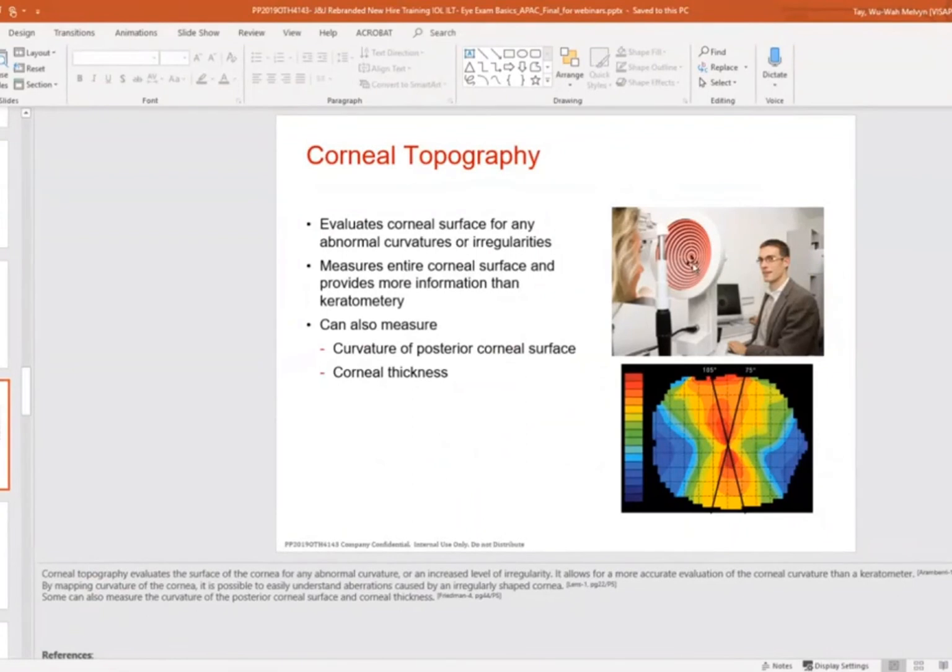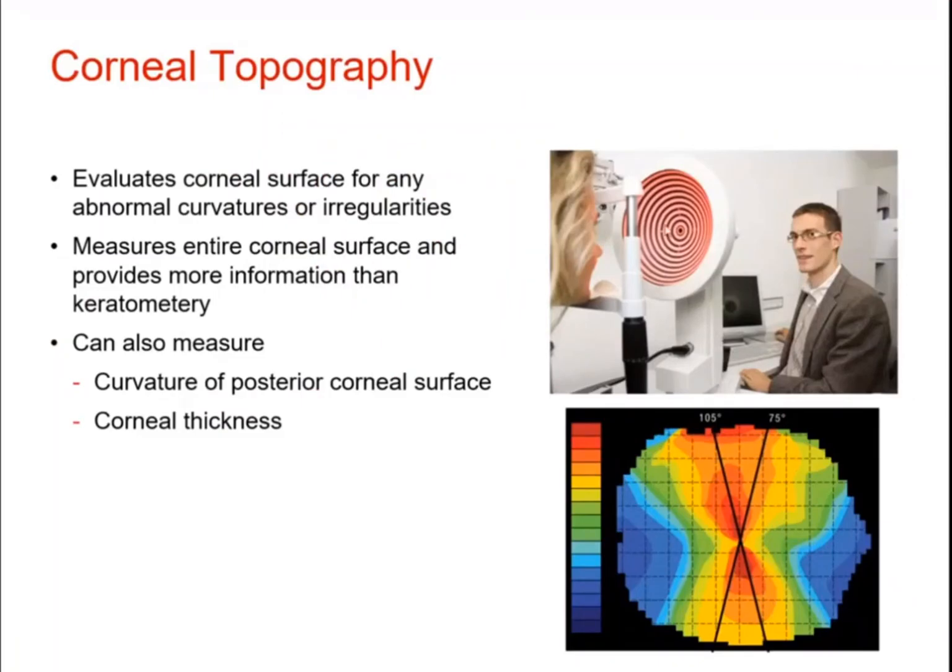Yeah, because the center of the cornea is not able to be captured. If you look at the technology used in topography, it uses Placido rings. Basically, these are LED lights that are reflected off the cornea surface. And at the center of the instrument, the rings are not small enough to measure the center of the cornea.